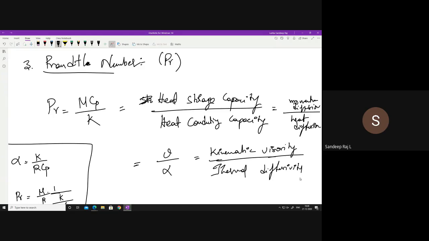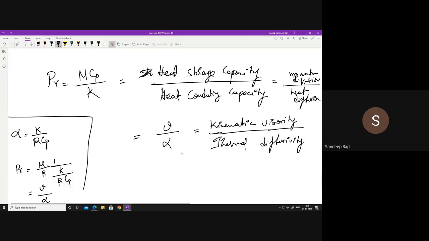You know that the kinematic viscosity unit is meter square per second, and for thermal diffusivity also meter square per second. So there is no unit.